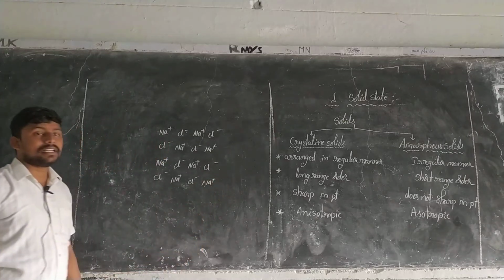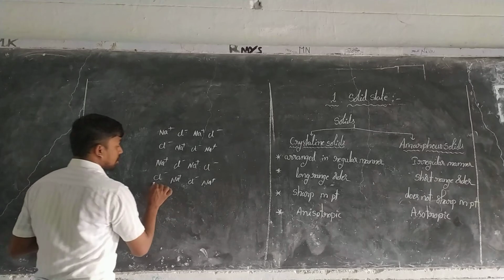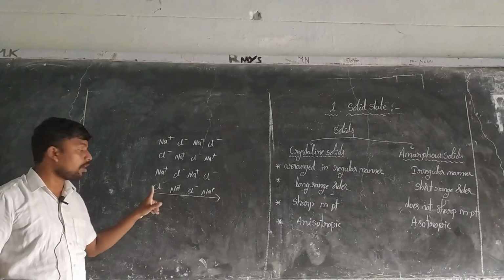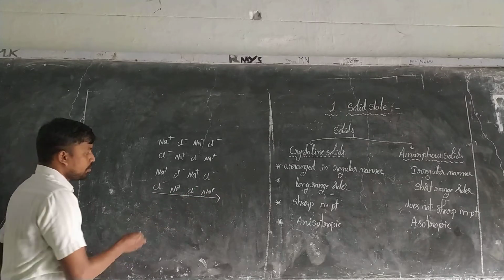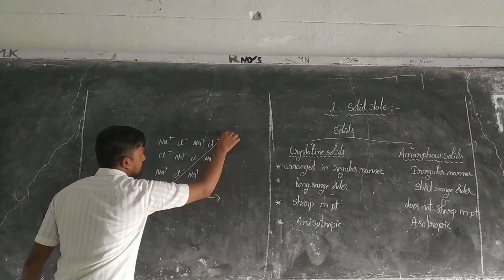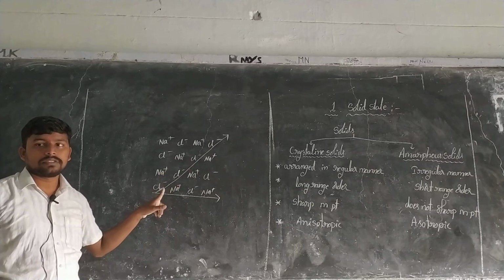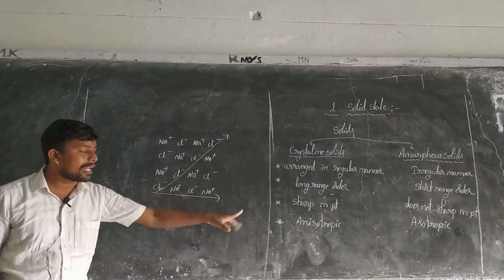This is the NaCl crystal. If you observe this crystal in this direction, we find one chloride ion and Na plus ion, then chloride ion, then Na plus. If you observe this crystal in this direction, in this way we find only chloride ions. So this property is called anisotropic.